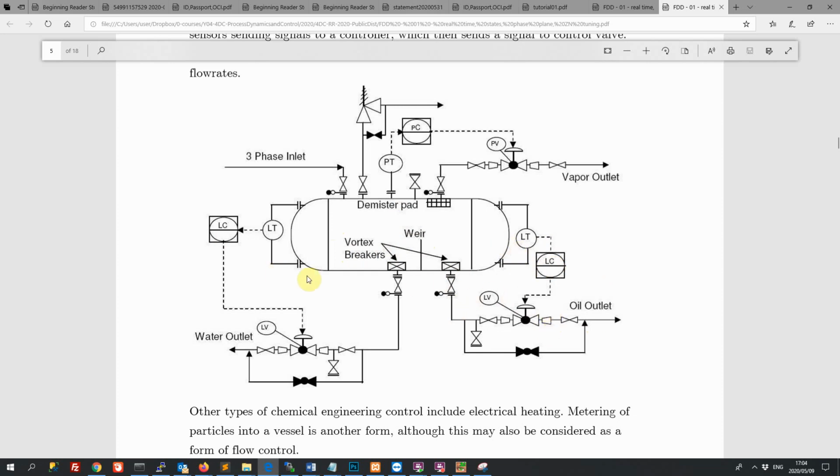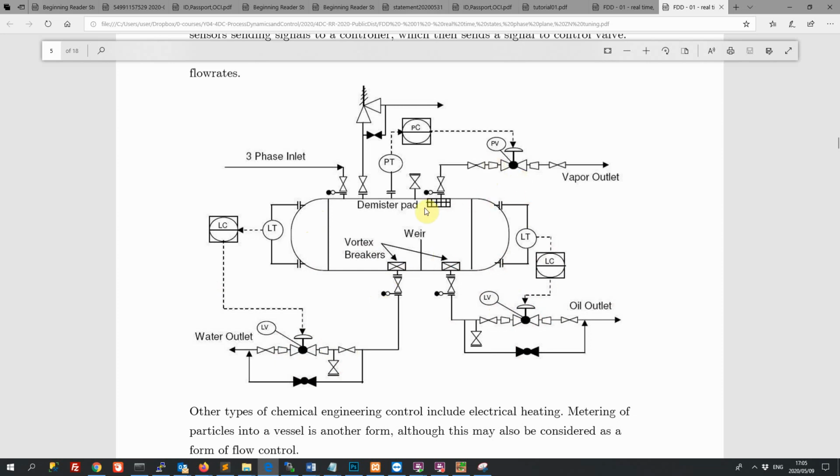And of course, you wouldn't try to control the water level with the oil outlet and vice versa. Well, you could, depending which one is sitting above which other one, but it's more effective if you try to control with the right phase. So that comes down to choosing the right control variable. Do we use the water flow here and connect that to the water level, or the reverse? So that's level control.